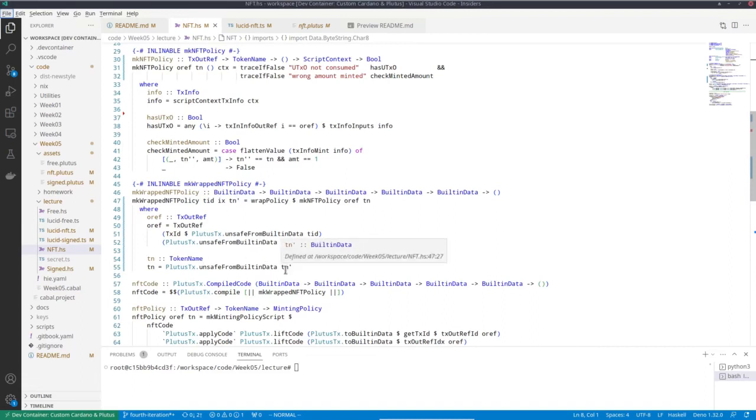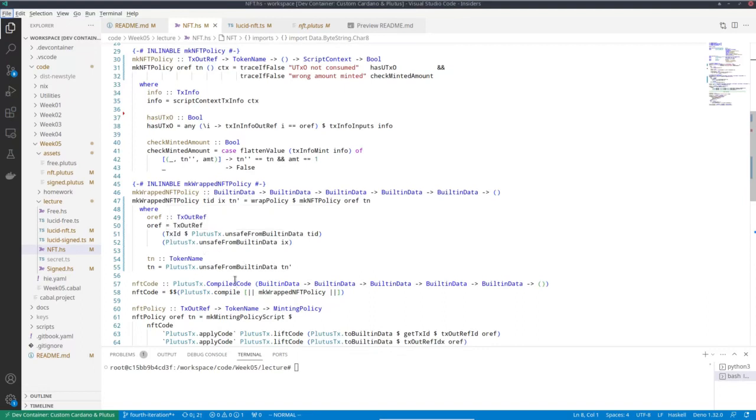This is a bit weird and I don't really understand it. Both transaction ID and token name are just new type wrappers around built-in byte string. So internally at runtime, both are represented by built-in byte string, and they just use different new type constructors, one the token name constructor, one the TXID constructor. But for some reason that I don't really understand, the serialization to built-in data is different.